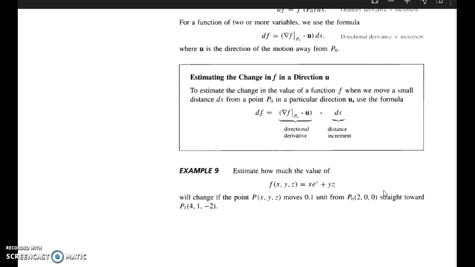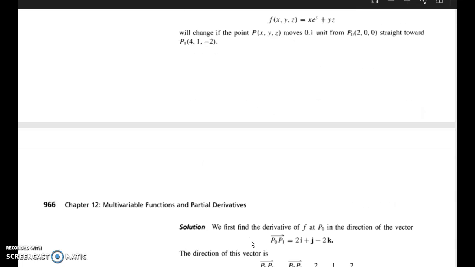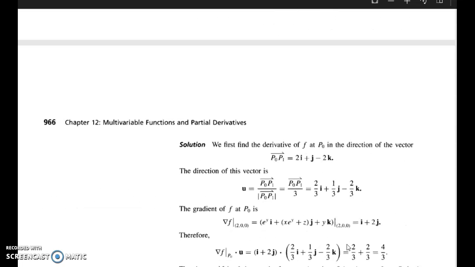So the equation of this vector from P0 to P1 is 2i plus j minus 2k. That is (4 minus 2) into i plus (1 minus 0) into j plus (minus 2 minus 0) into k. That is 2i plus j minus 2k.